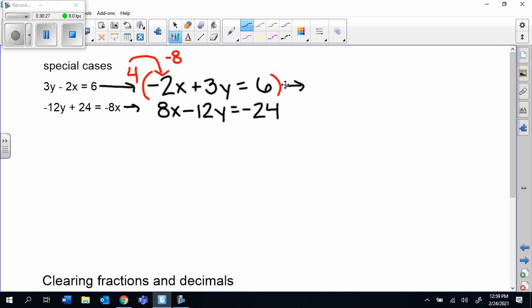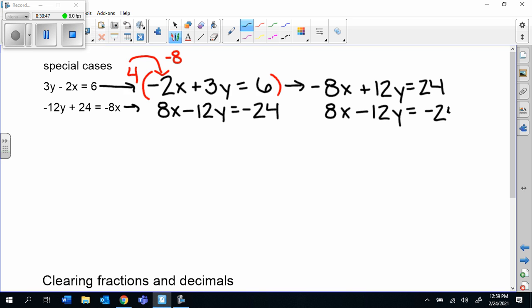So this piece right here will become -8x plus 12y equals 4 times 6 is 24. If we rewrite the bottom, we get 8x minus 12y equals -24.